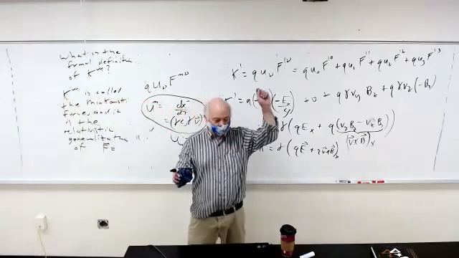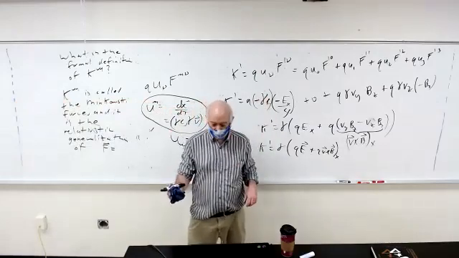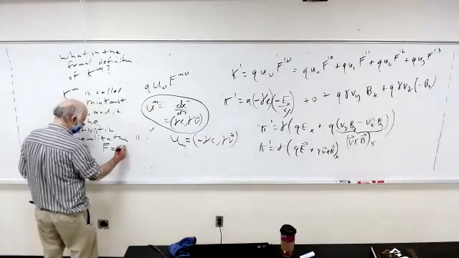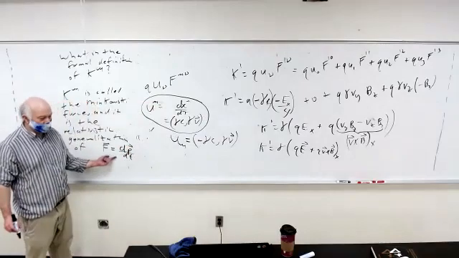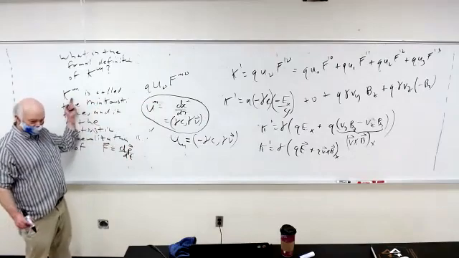But what's the adult way of writing the force in classical mechanics? You've all had this. dp dt? Exactly. It's going to be dp dt. So what we're going to do is take this guy here and generalize it, and that's going to give us this guy here.